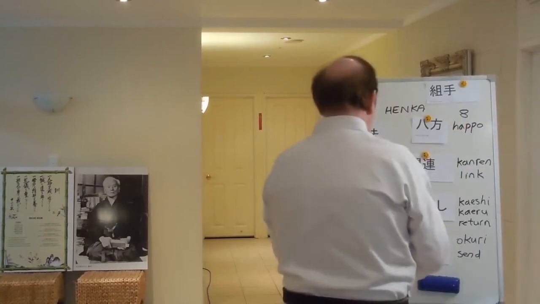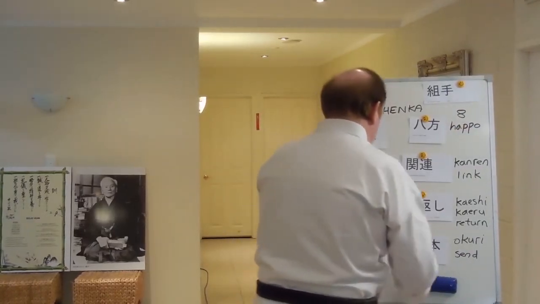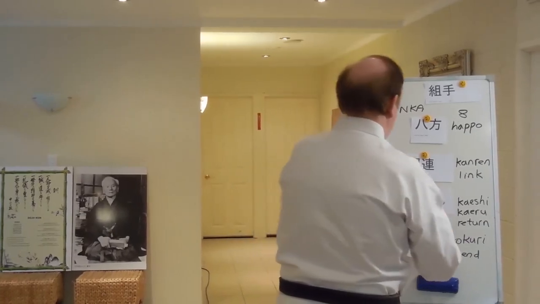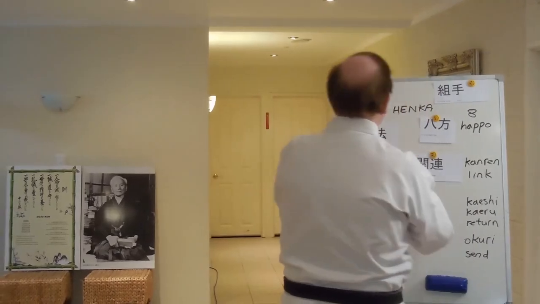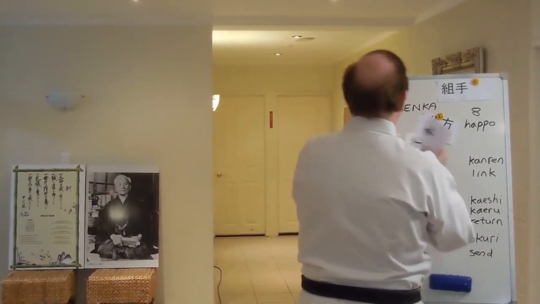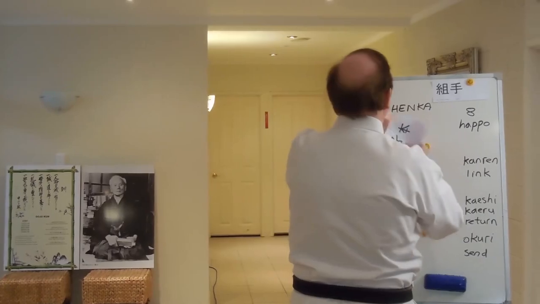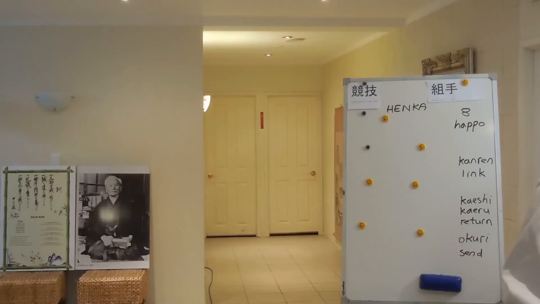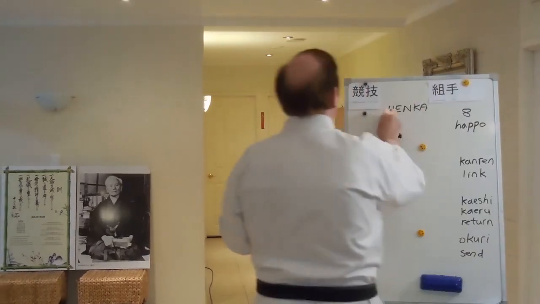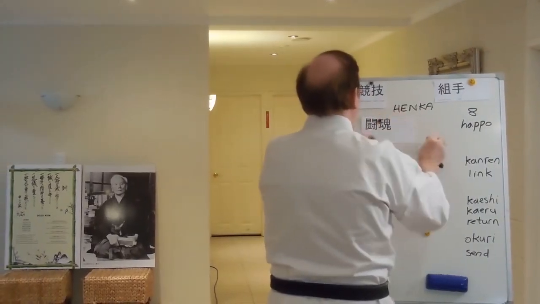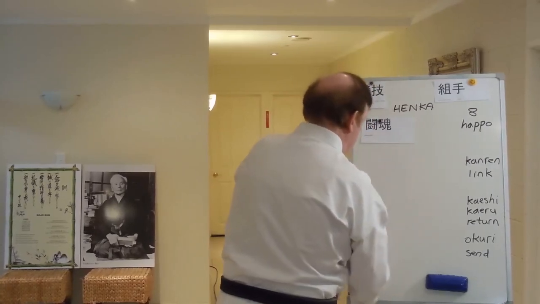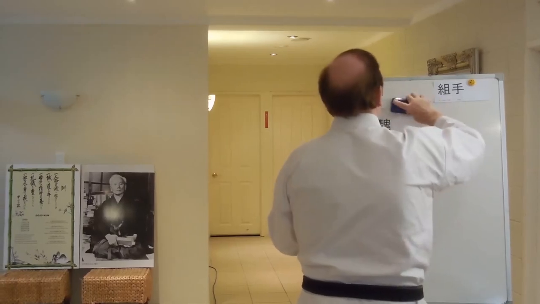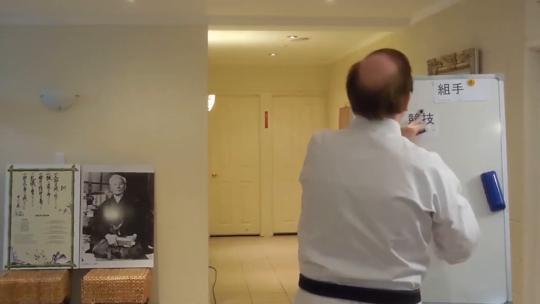Now, we're going to move all those because there's quite a few of them. And they're all competitive sparring. Now, obviously for competitive sparring there may be two basic principles. So we'll go back to our competitive sparring here.